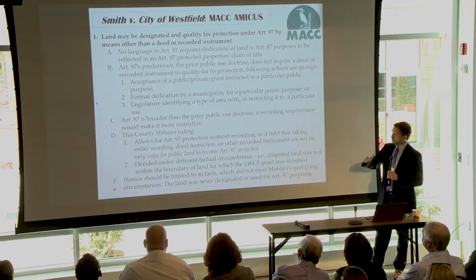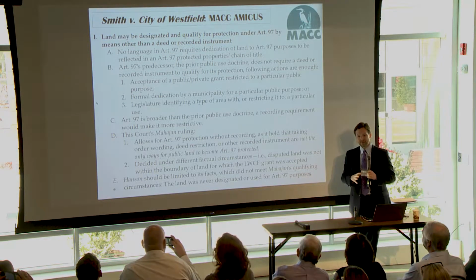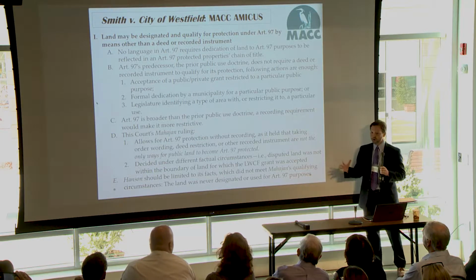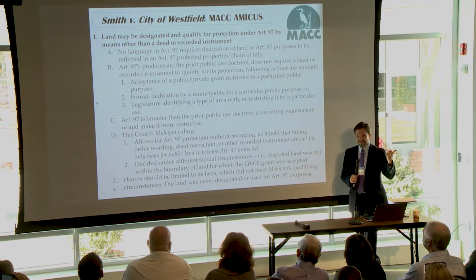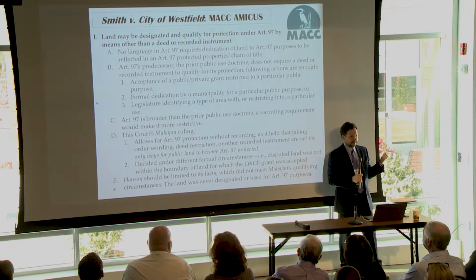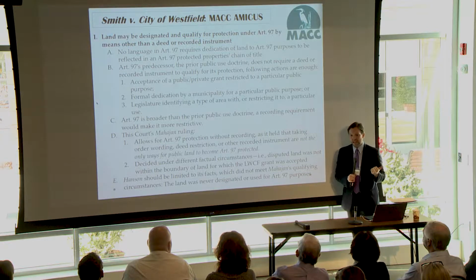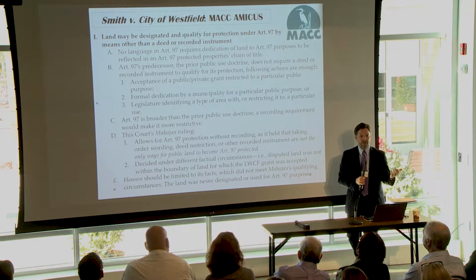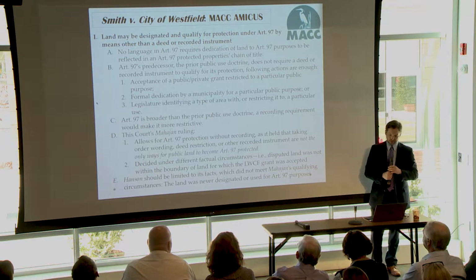So the arguments we made for MACC, I think, pretty well capture the arguments made by the parties generally. First and foremost, as Justice Milkie had identified in his concurring opinion, there's nothing in the language of Article 97 that requires anything to be recorded in the chain of title to trigger Article 97 protection.